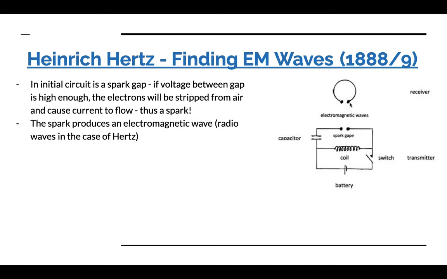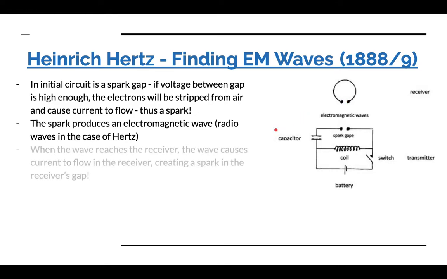And that led him to deduce, based on what he had read about the work of Maxwell, that an electromagnetic wave was produced by this spark gap in the transmitter circuit, traveled to the receiving circuit, and as a result, induced a current in the receiving circuit and produced a spark in the receiving circuit.